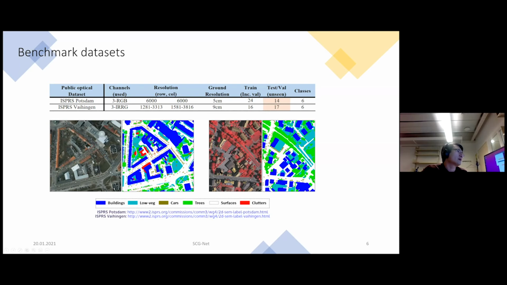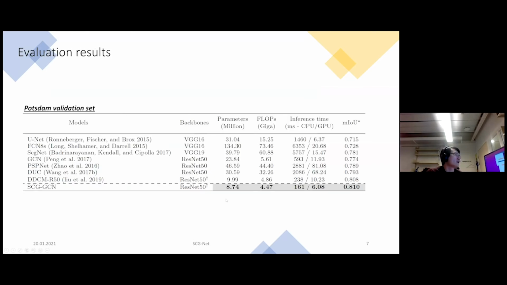So here are some examples of the input image and the ground truth. We have different colors representing different classes as shown above. So firstly, we evaluated the computational cost.